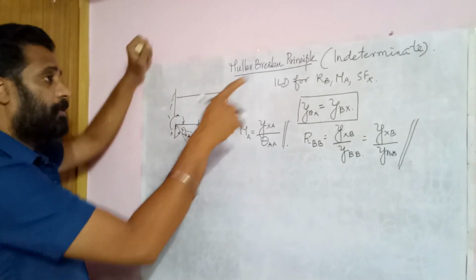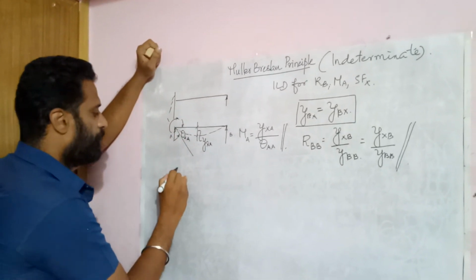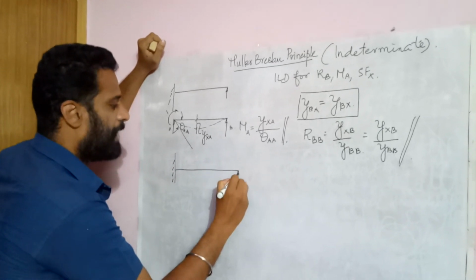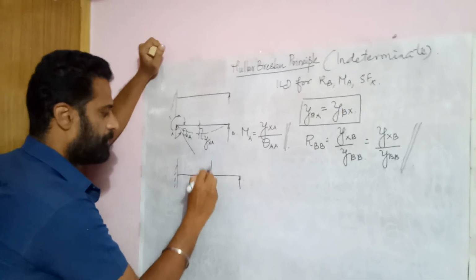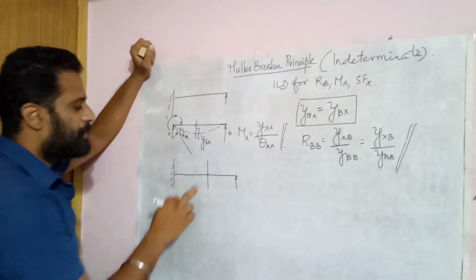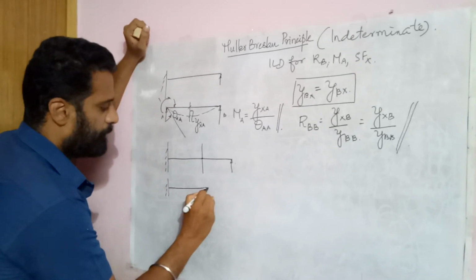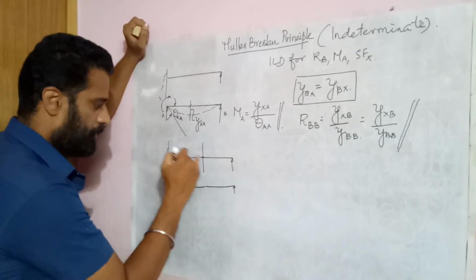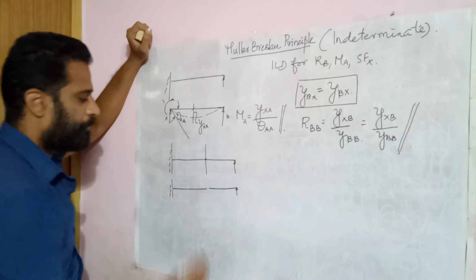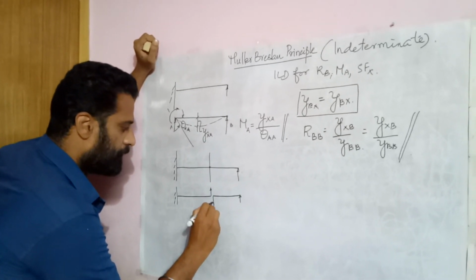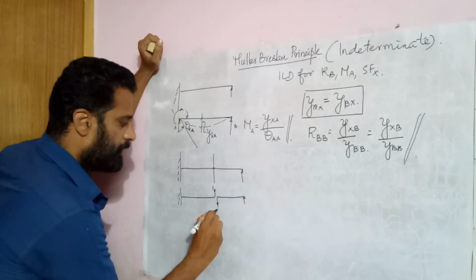Next we will calculate the shear force, which acts at any point at section X. You just cut the section X, and apply the unit shear force, so this one is 1 and this is 1.